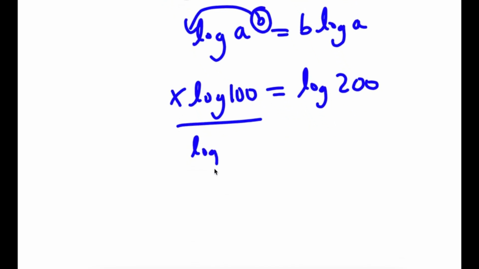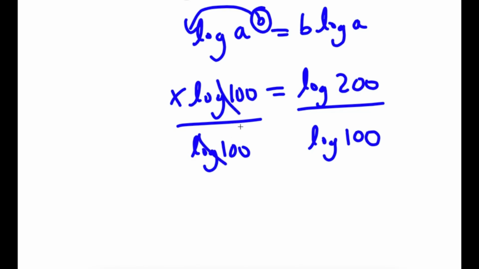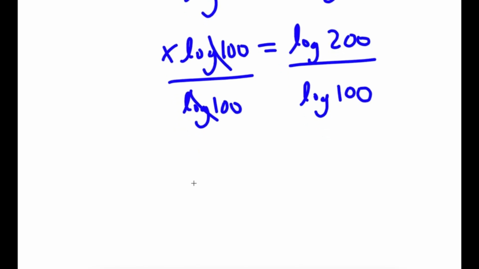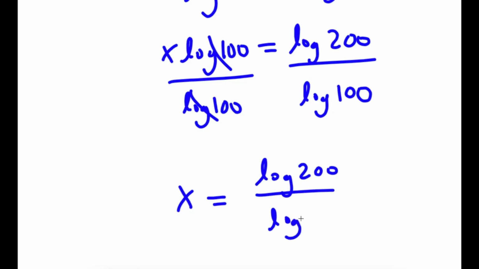Now, I'm going to divide both sides by log 100. So then these two cancel out, and now I have x is equal to log 200 over log 100.